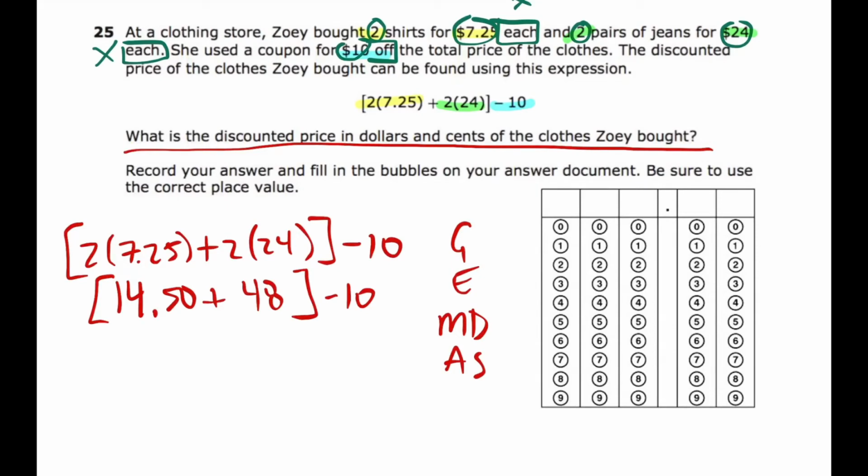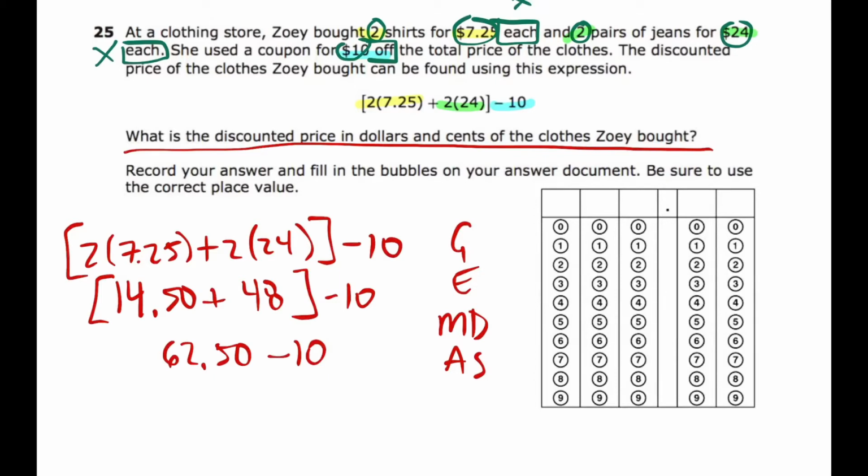Well, my $14 plus my $48 is $62, and I still have my 50 cents. Bring the rest down. Now I'm done with grouping, no exponents, no multiplication or division, but I do have addition or subtraction. In fact, I have subtraction.